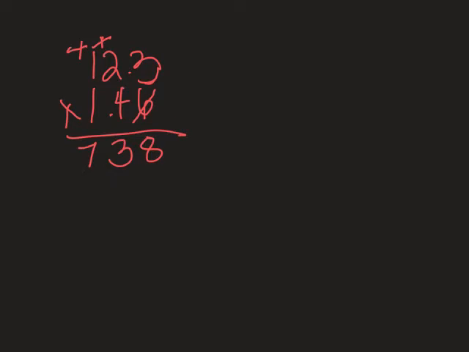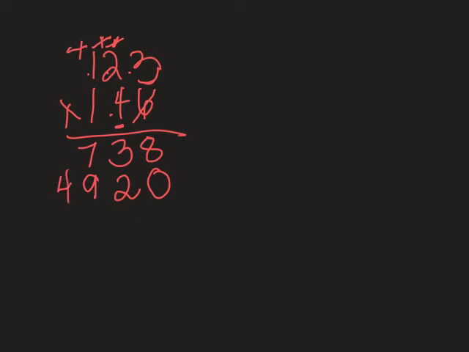And now I need to mark that spot because now I'm going to start with, in this case, the tenths column. So now I'm going to go 4 times 3, which is 12. Carry my 1. 4 times 2, which is 8, plus 1 is 9. 4 times 1 is 4.